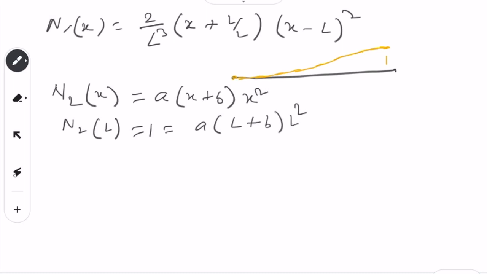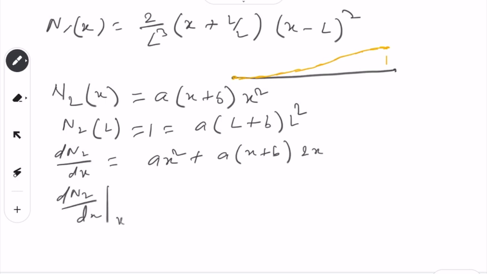So we get one equation here, and also dn2 over dx is equal to a x square plus a x plus b times 2x. So dn2 over dx at x equal to L is equal to a L square plus 2a L plus b times L, which has to be equal to 0.